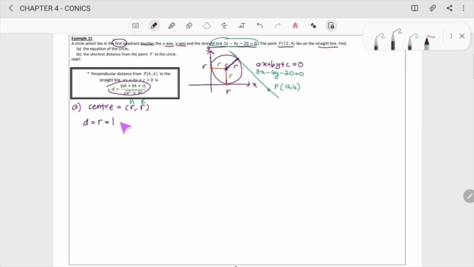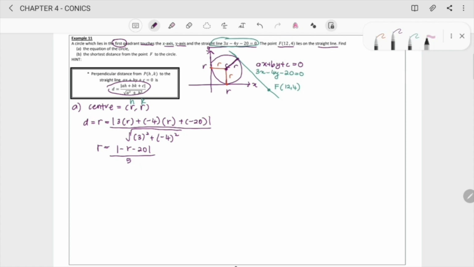So a is 3, h is R, plus b is negative 4, k is R, and plus c is negative 20, with the modulus, over the square root of a squared, 3 squared, plus b squared, negative 4 squared. Then you calculate, and you will get the modulus of negative R minus 20, over 5.